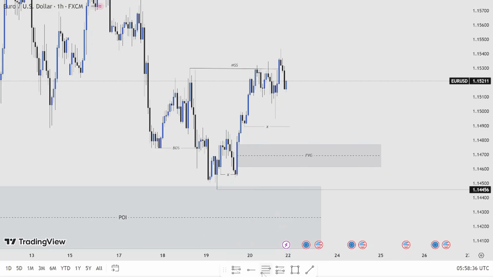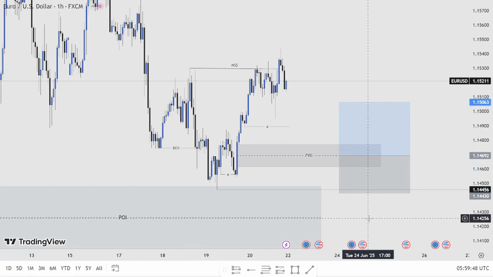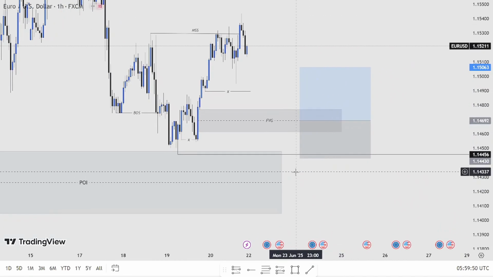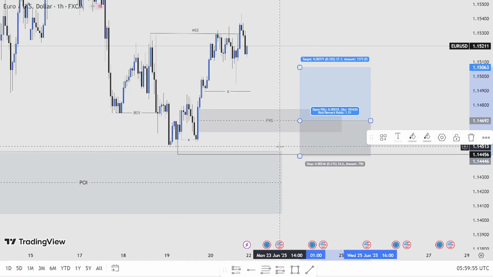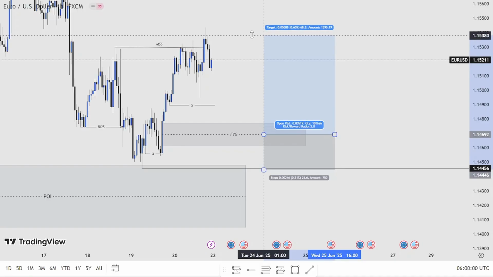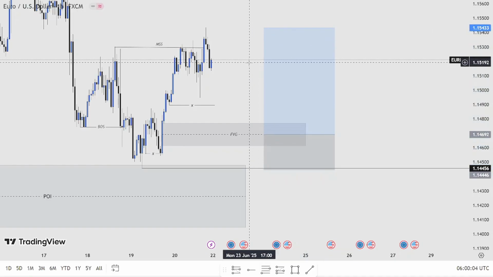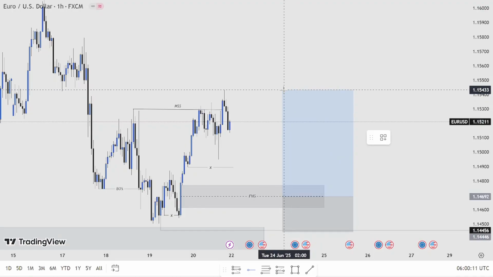So I'll go for longs. I will place a long here and my stop loss will be here. Then I'll go for 1 to 3. I'll take 1 to 3 risk to reward.